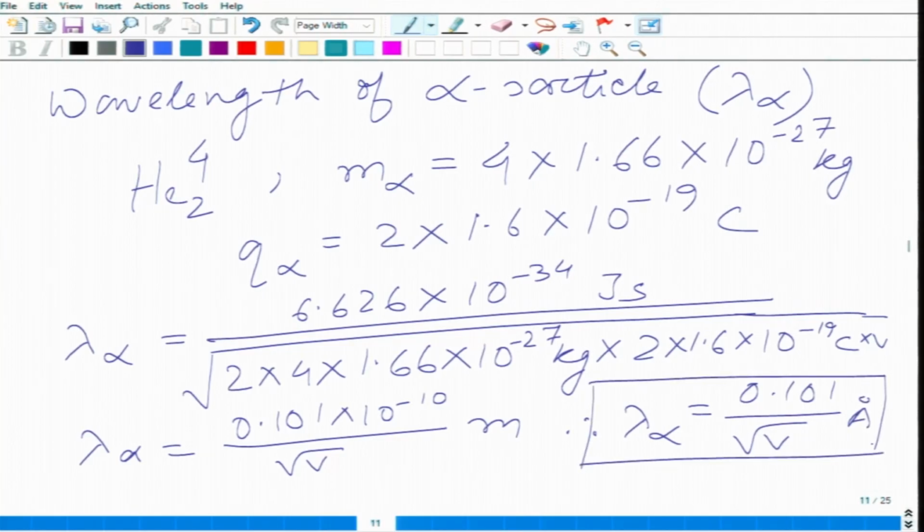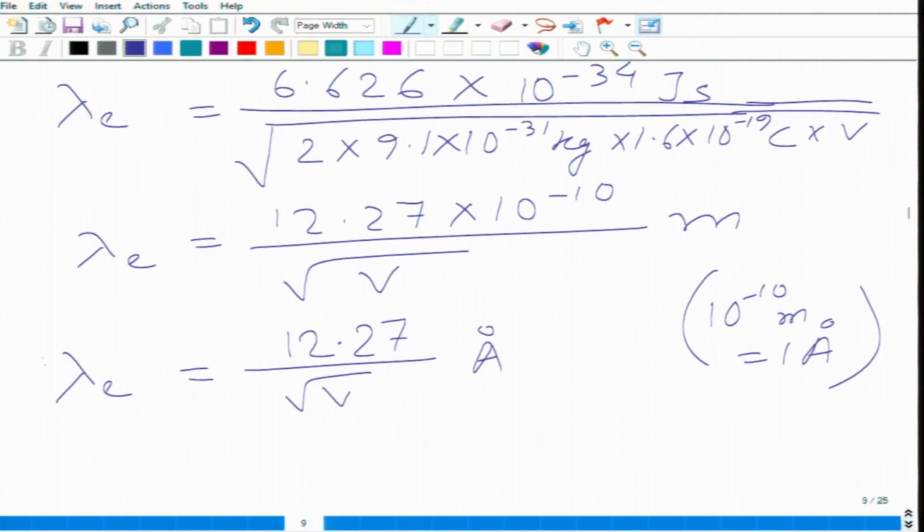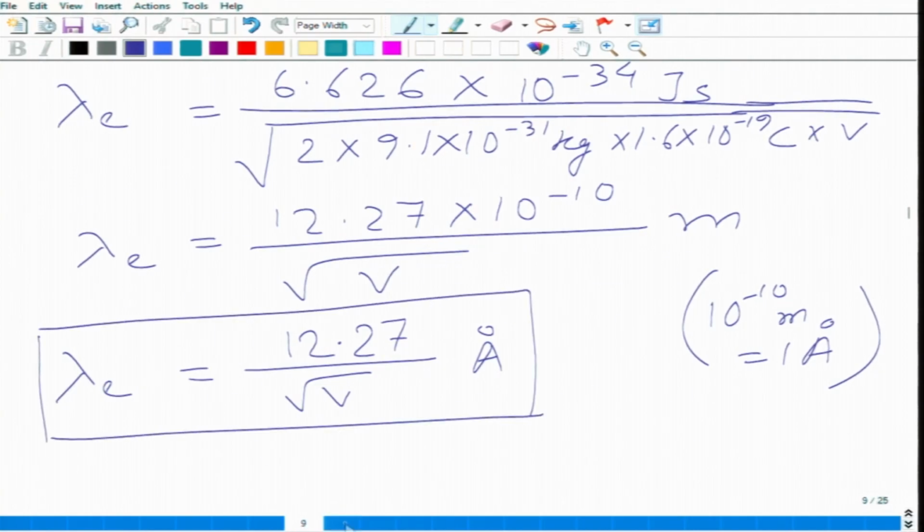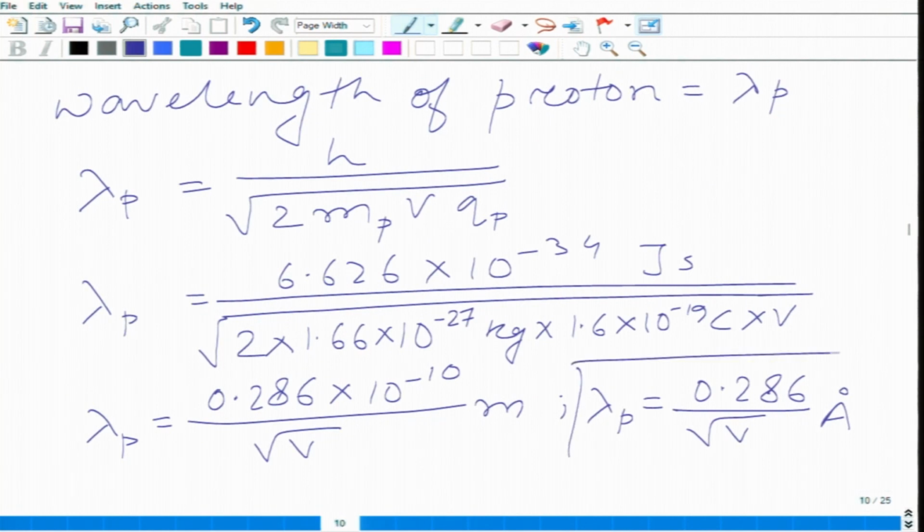So, we have derived the wavelengths of electron, proton and alpha particle.